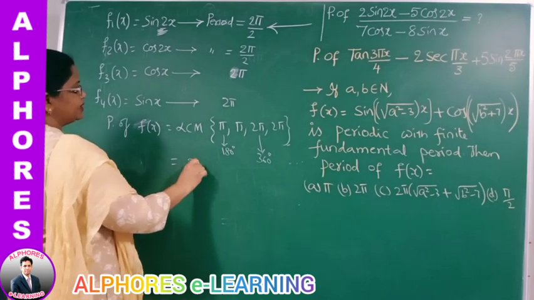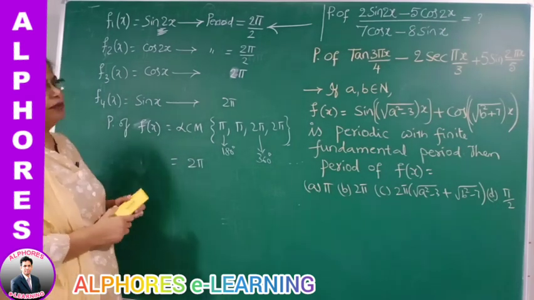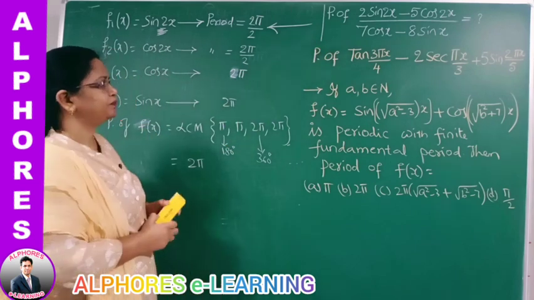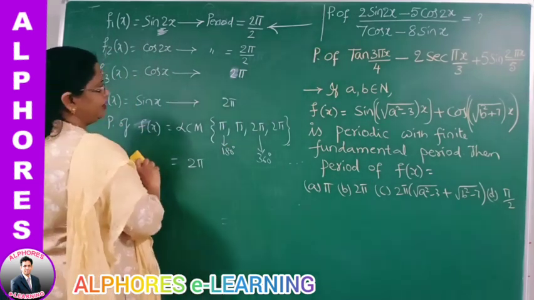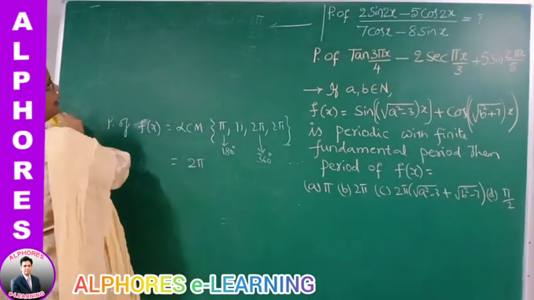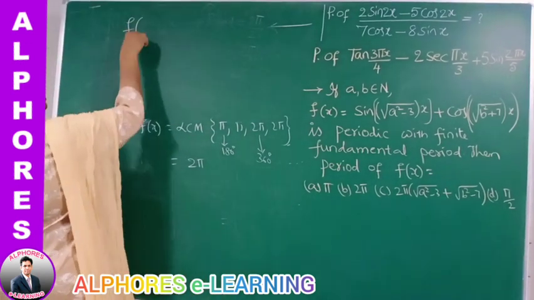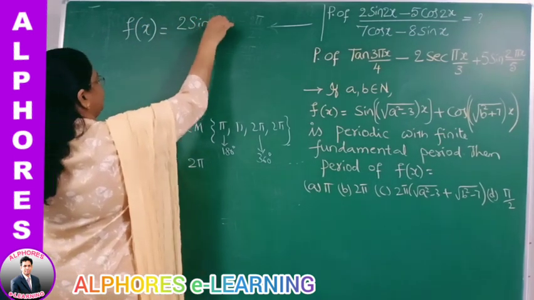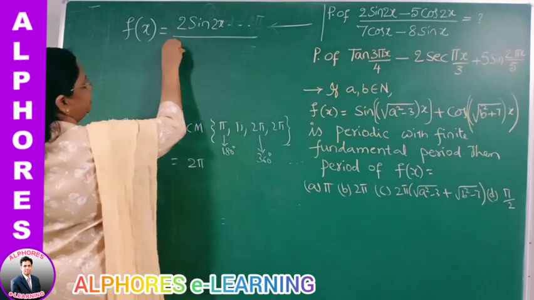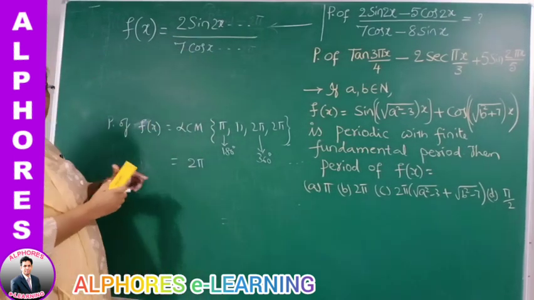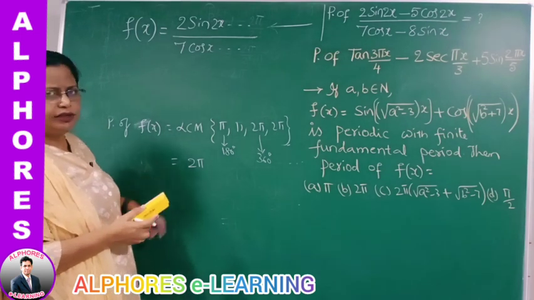Directly you can say it is nothing but 2 pi. So the period of this function is 2 pi. The meaning is, if you take the entire value as f of x, that is 2 sin 2x etc., whatever you are having, and in the denominator 7 cos x etc., now you got the period of the function as 2 pi.